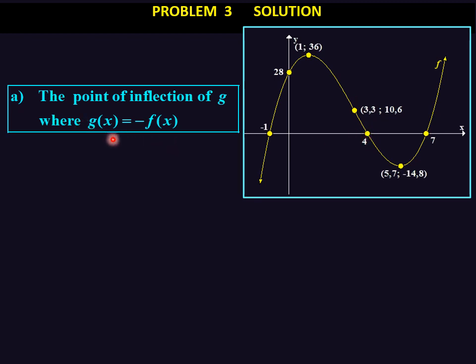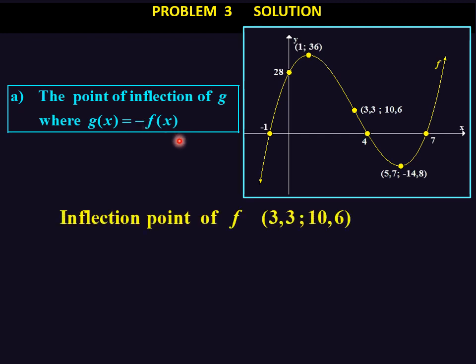But now they have a new function defined by g(x) equal to negative f(x). What does negative f(x) mean? That's correct. That means the graph is reflected in the x-axis. So that's the original inflection point, but we want to get the reflection in the x-axis.